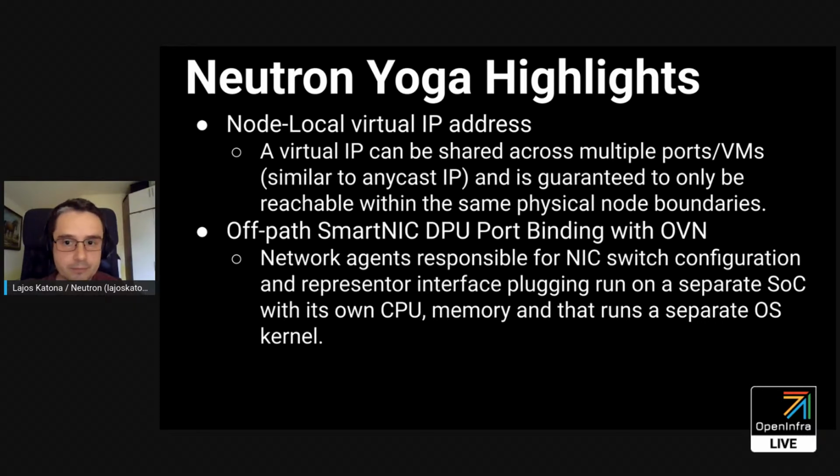With this, now you can manage SmartNICs, which have their own operating system and OVS running on them, and you can manage them from Neutron, and you can schedule your VMs to use those with the help of Nova. Next slide, please.